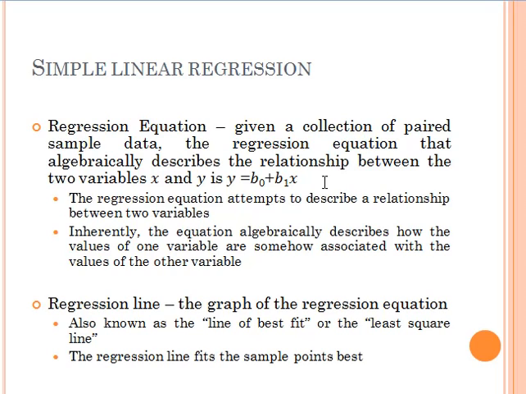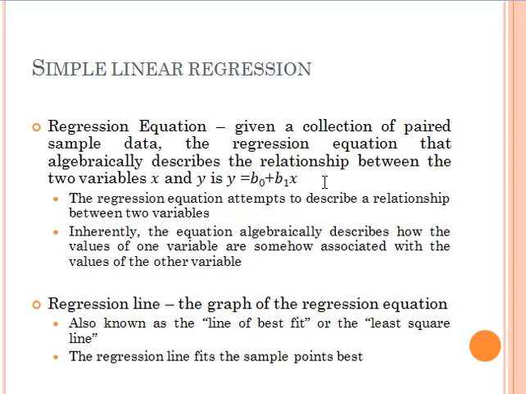For some instances, the value of one variable might be increasing and the value of the other might be decreasing, or it can also be the case that the values of both variables are increasing. So in short, this line describes the relationship between the values of two variables, and somehow the values of these two variables are associated with each other.